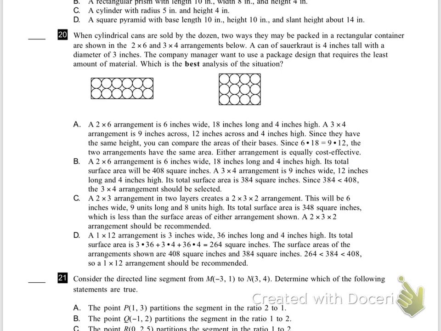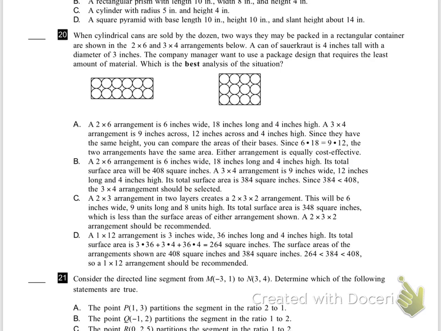So we are going to need to calculate the surface area of the box that is holding each of these. And if we look in the answer choices, we see that there are some additional options. So let's take a look at what the surface areas are for each of these two proposals.